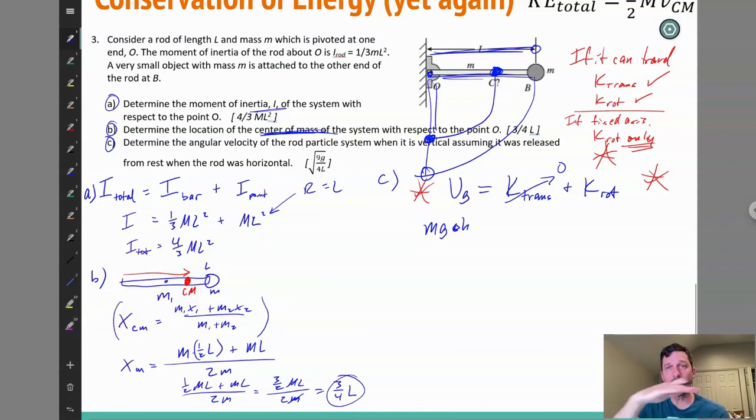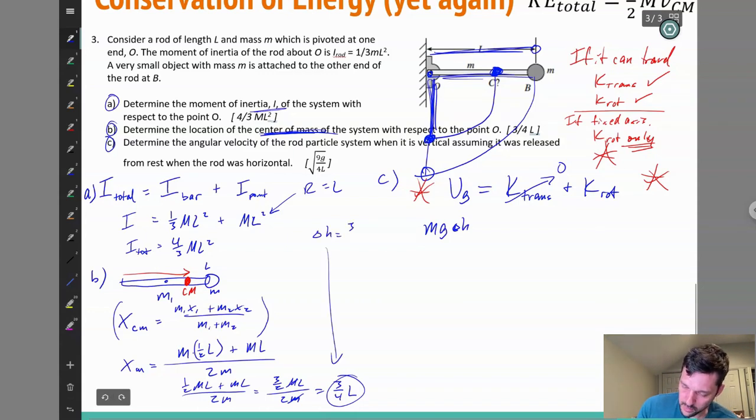Since it started from horizontal and it falls to the vertical, it falls a total delta h of what we had found for its center of mass, 3/4 L. So we've got an expression for gravitational potential energy. And there's no translational kinetic energy, and the rotational kinetic energy is going to be 1/2 I omega squared.